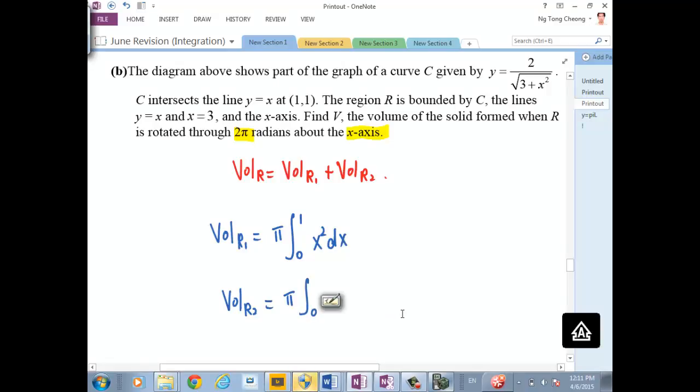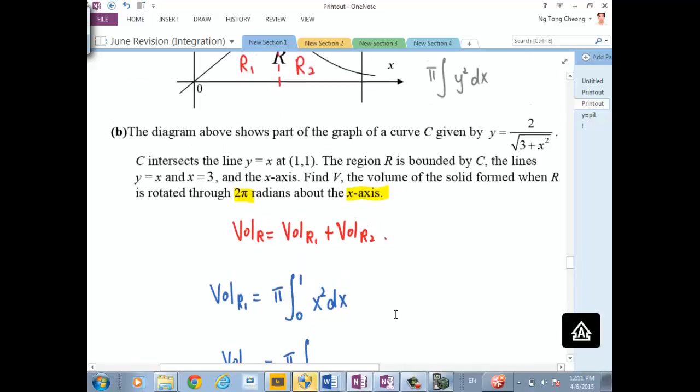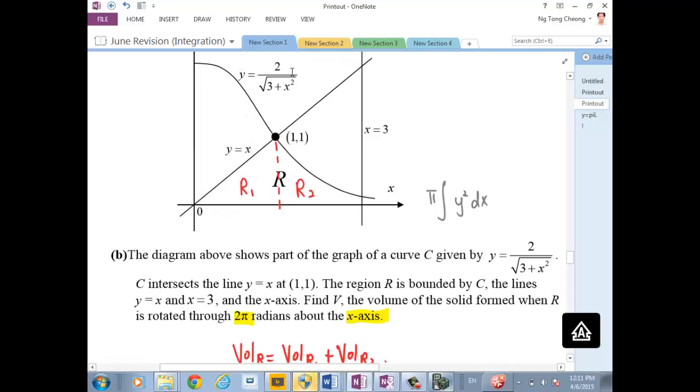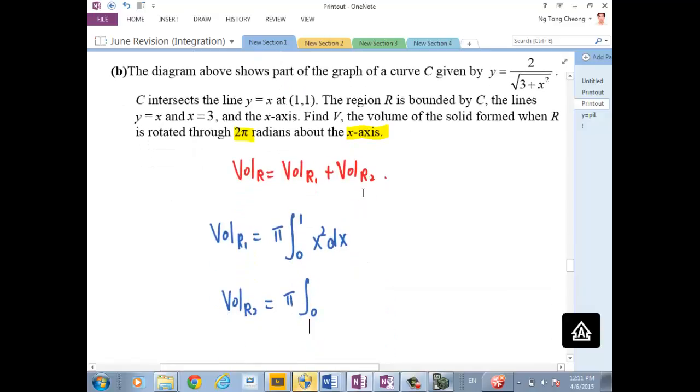Now my R2. If I look at my R2, it's actually bounded solely by this curve, 2 over square root of 3 plus x squared, from x equals 1 to 3.